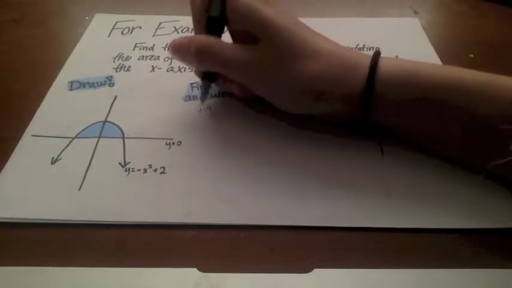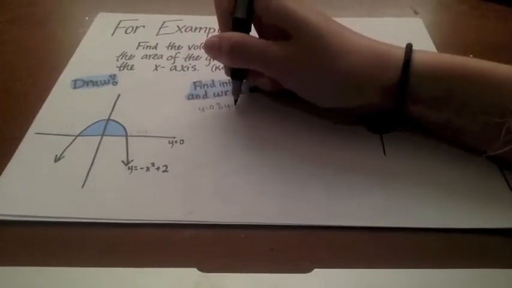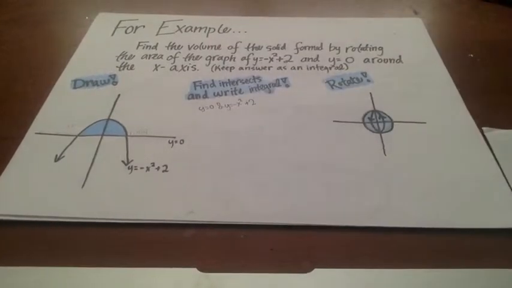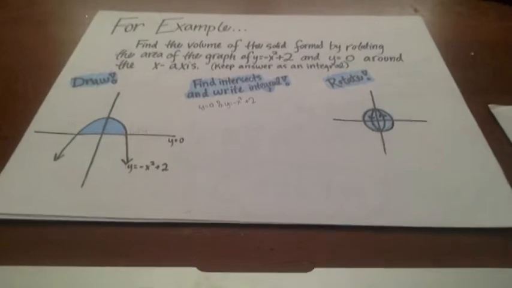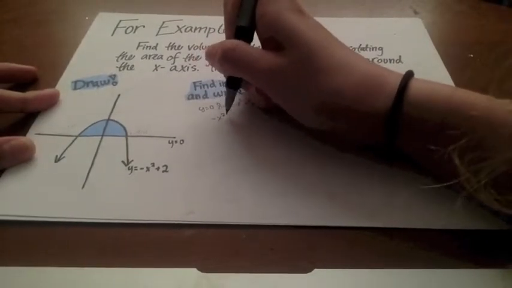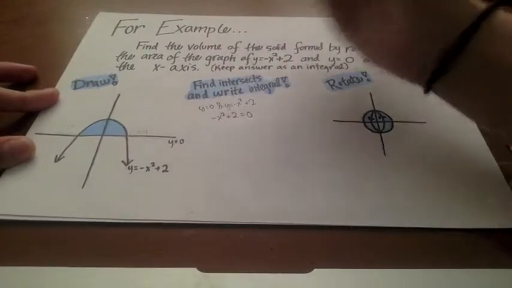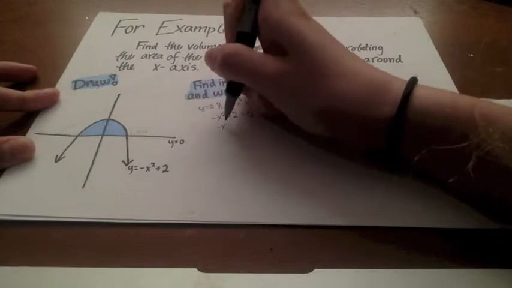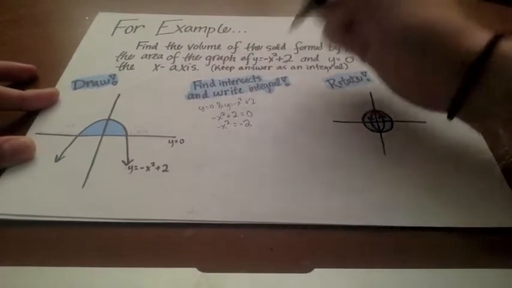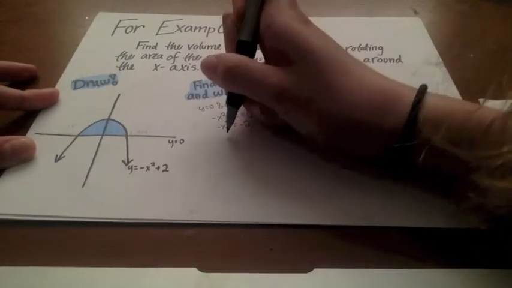y equals 0 and y equals negative x squared plus 2. So let's simplify it out. We would make negative x squared plus 2 equal to 0. Subtract the 2. Negative x squared equals negative 2. Then we can divide by negative 1.